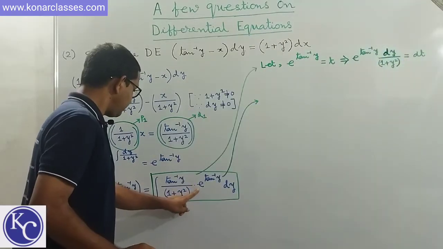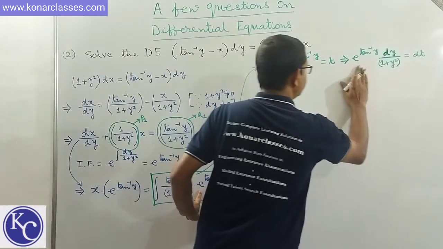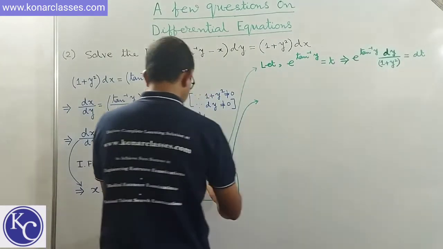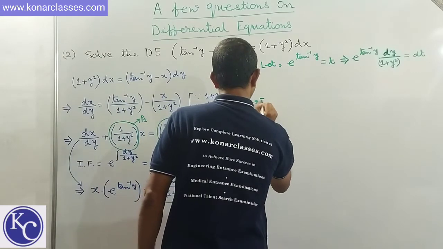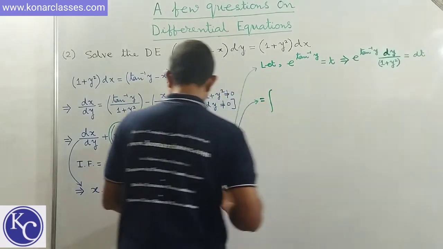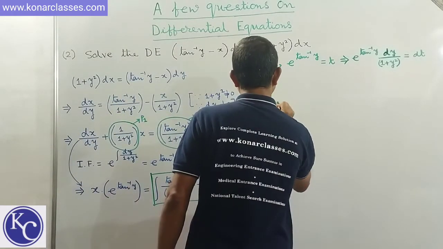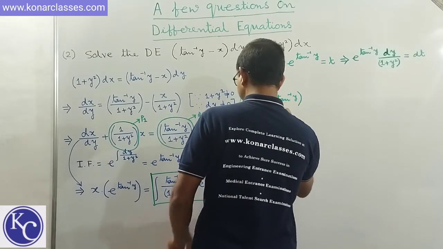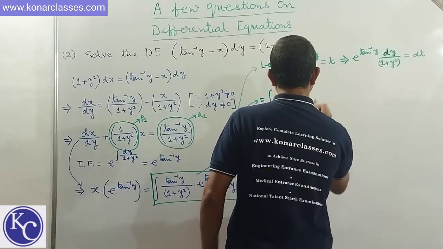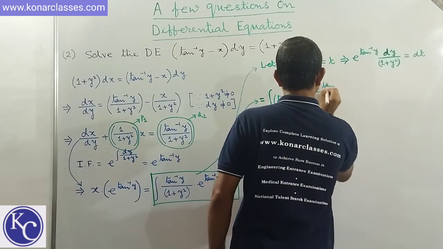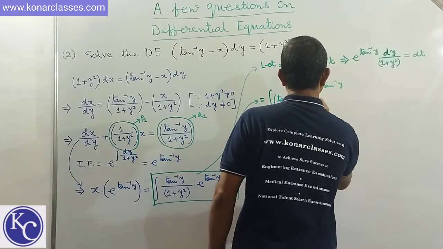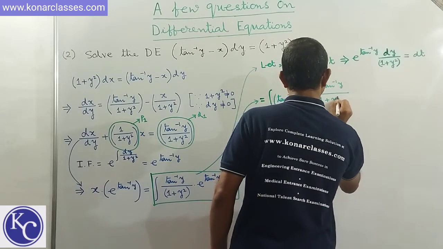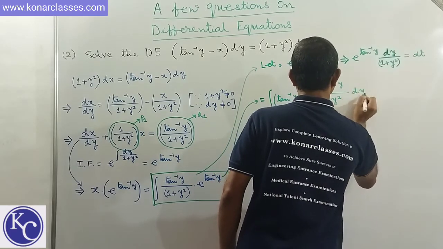In this integration, if we substitute this, what are we going to apply, dear students? Let's write this integration as integration of tan inverse y into e power tan inverse y divided by 1 plus y square into dy.